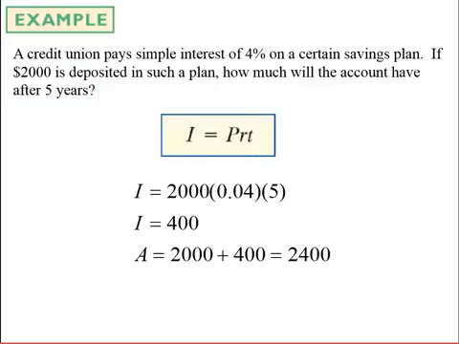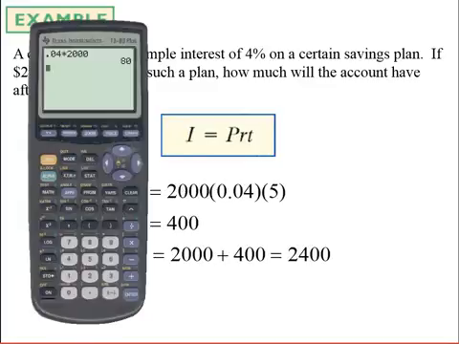Now, this last step is actually kind of the idea that we'll talk about in just a second, called compounded interest. Now, what I want to point out to you here is that if I calculate 4% of $2,000, that would be $80, right? Let me pull up my calculator here and show you, right? 4% of $2,000 is $80. So basically what's happening here, my interest is not compounding.